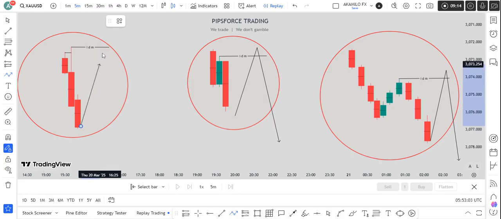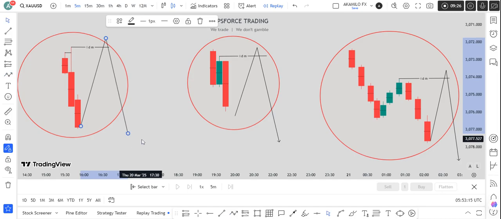They'll be expecting price to retrace back to take that level and tap into an institutional reference point. According to ICT, we have about seven institutional reference points.